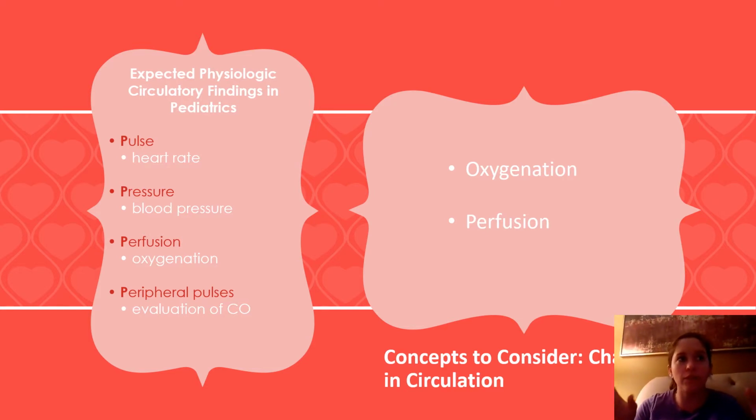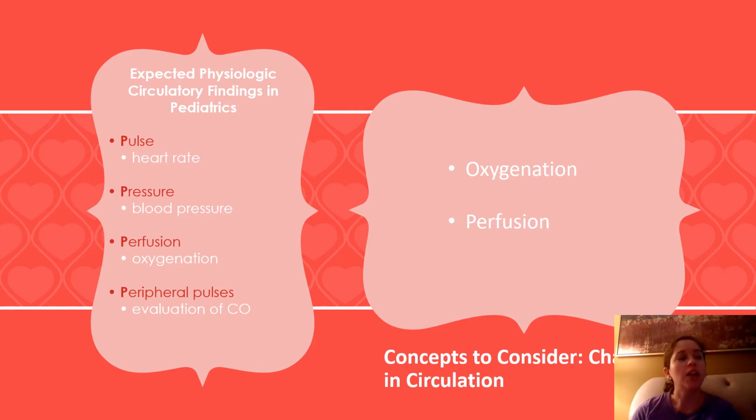There's not a lot of difference or change between the head and the feet. Whereas in the adult patient, we might see a little bit of a difference between the radial pulse and a pedal pulse. It could be related to their perfusion ability, it could be related to their heart function, and it could also be just related to their size. But for the pediatric patient, we don't expect those differences.